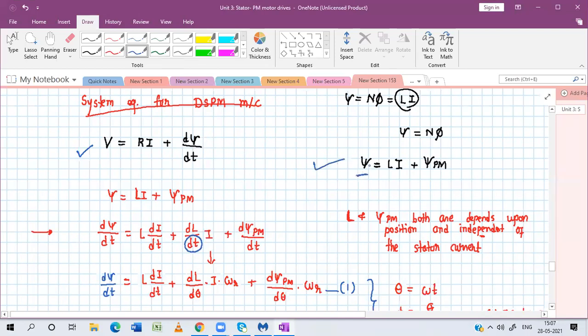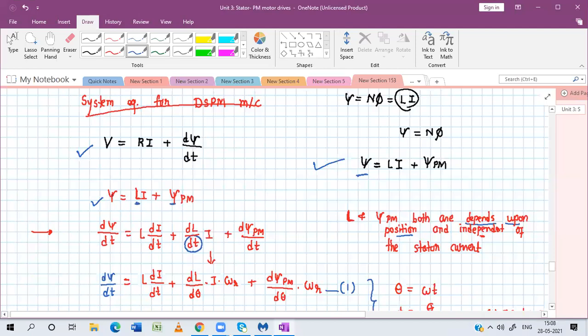What is the total flux? We have taken this equation, psi is equal to Li plus psi pm. In the last session, I told you that L and psi pm both depend upon the rotor position. So we will try to convert dt into d theta.